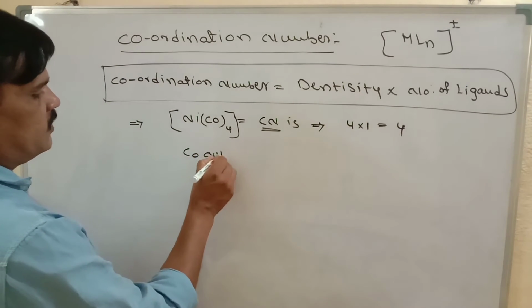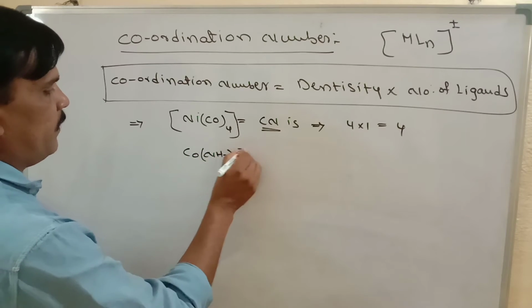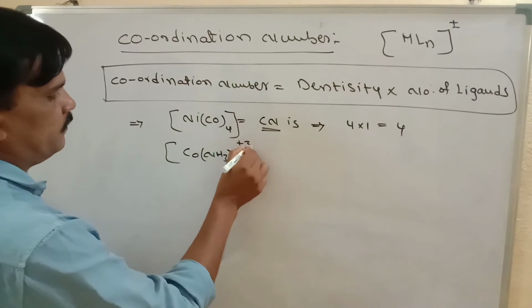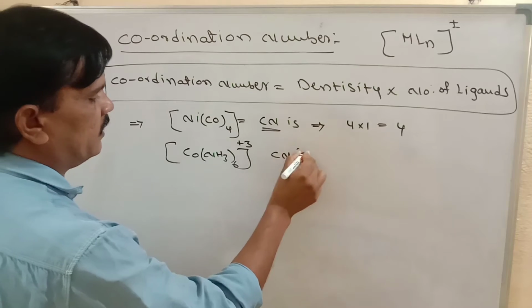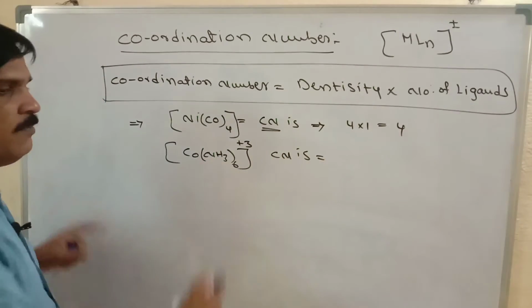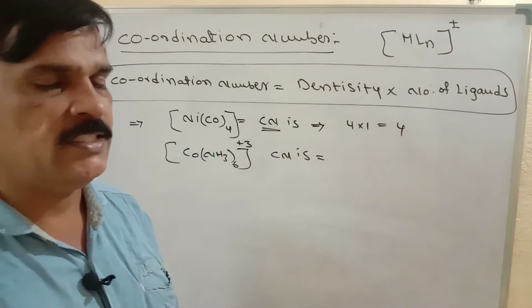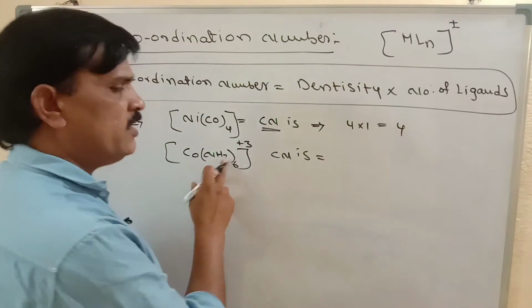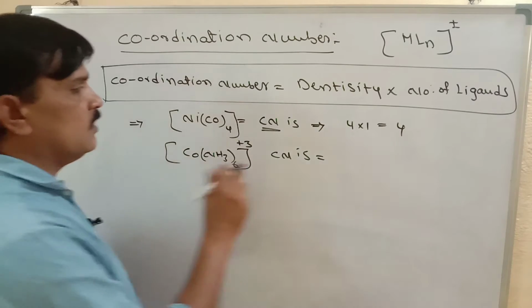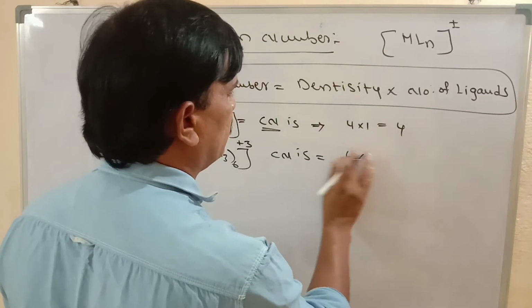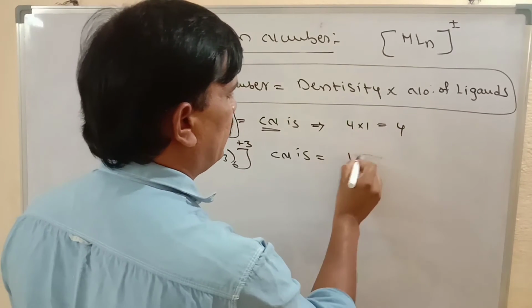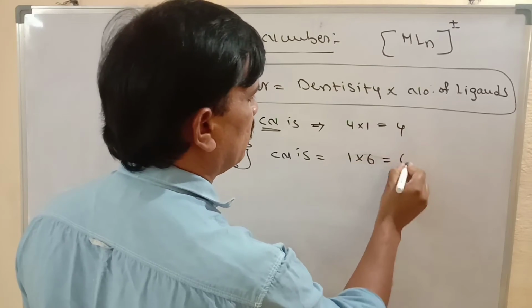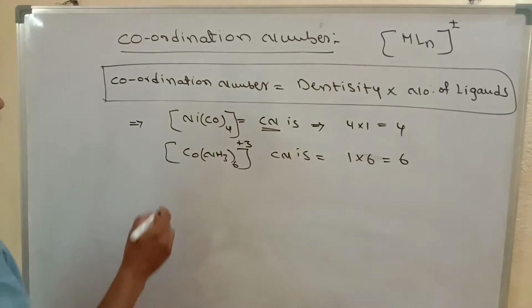For example, Co(NH3)6 3+. NH3 is monodentate, its denticity is 1 only. Monodentate here means a neutral ligand, its charge is 0, but its denticity is 1. There are 6 ligands, so its coordination number is 6.